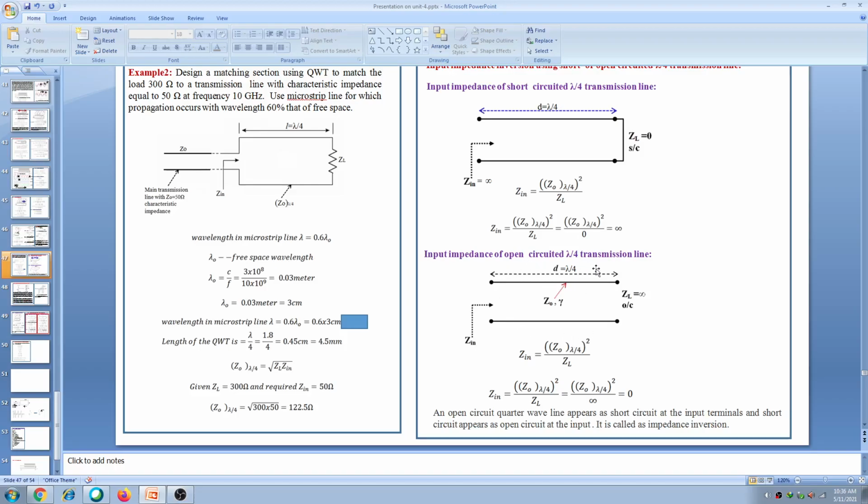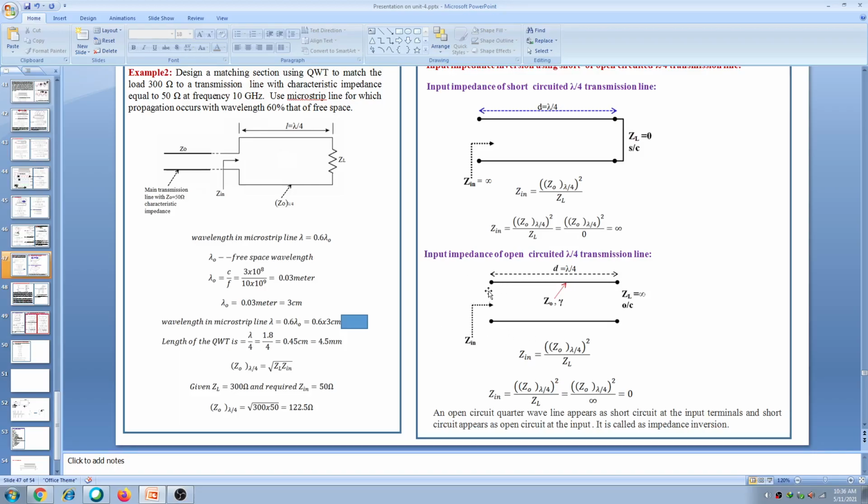Okay, similarly here also. It looks like a short even though an open is there. If you connect a 10 gigahertz source here, what you are expecting is that current should not be drawn, but current will flow here, because the input impedance is 0 here. That source sends a current here. It looks like a short circuit for the source, because where there was infinity, here it is 0 impedance.